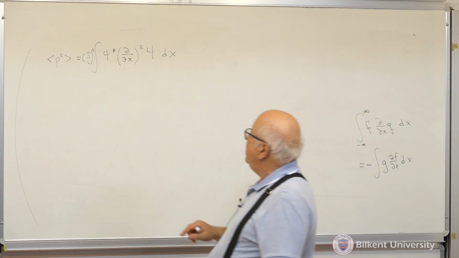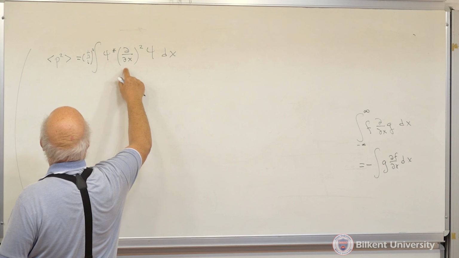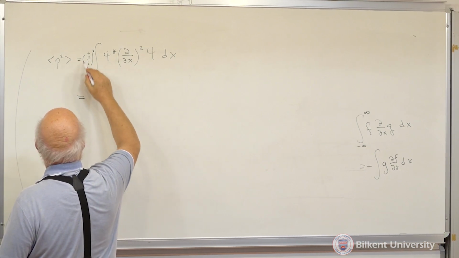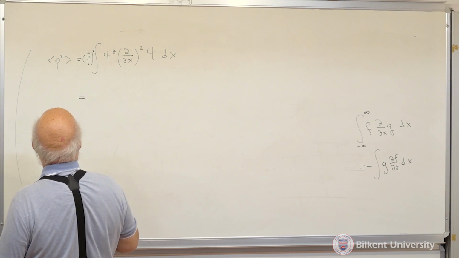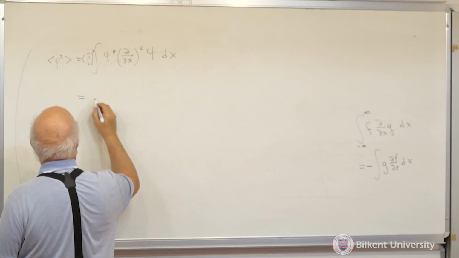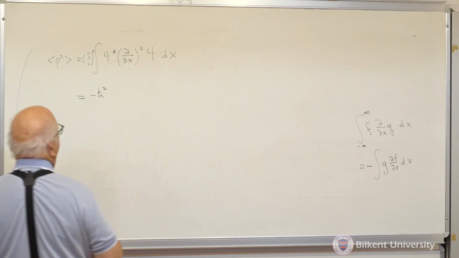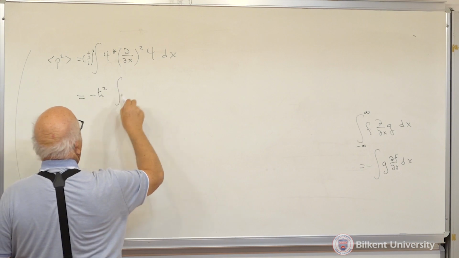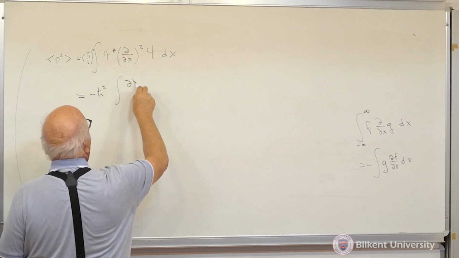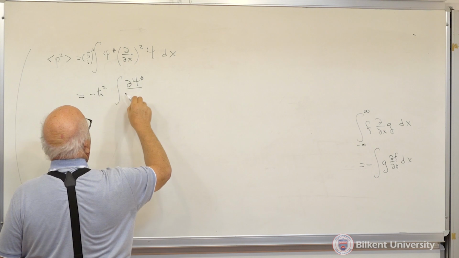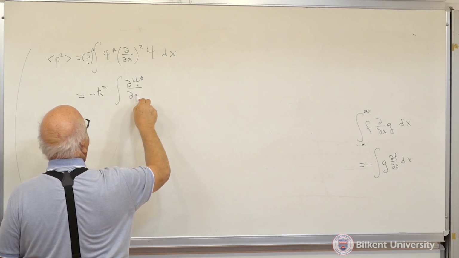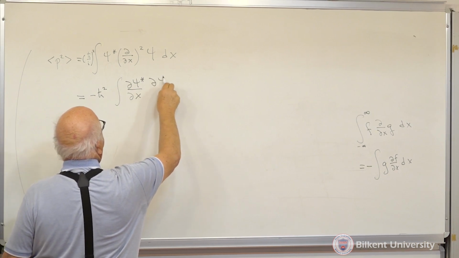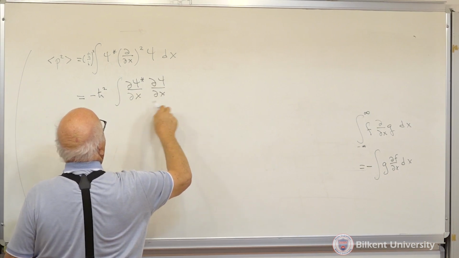So we can do the same thing over here, and we are going to get then this object squared. So it's going to be minus h bar squared, and one of the derivatives I can move to the psi star. The other one still stays with psi.